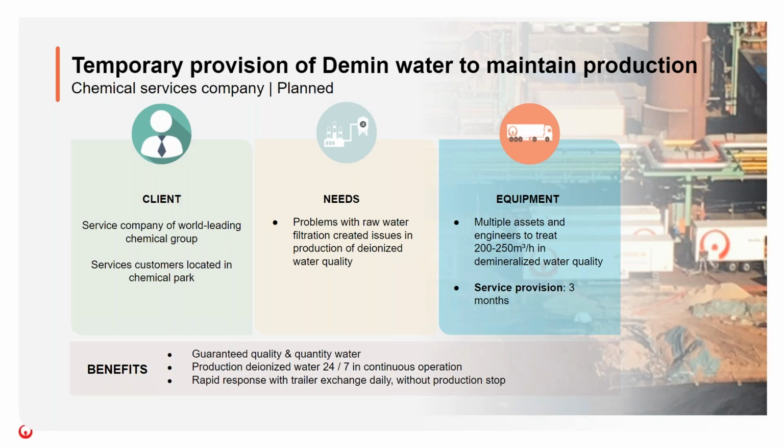So we provided DI trailers with operational support for 3 months at a flow of about 1,100 gallons a minute, where these trailers had to be rotated almost daily to keep the resin regenerated and to keep the plant operating 24/7 continuously.